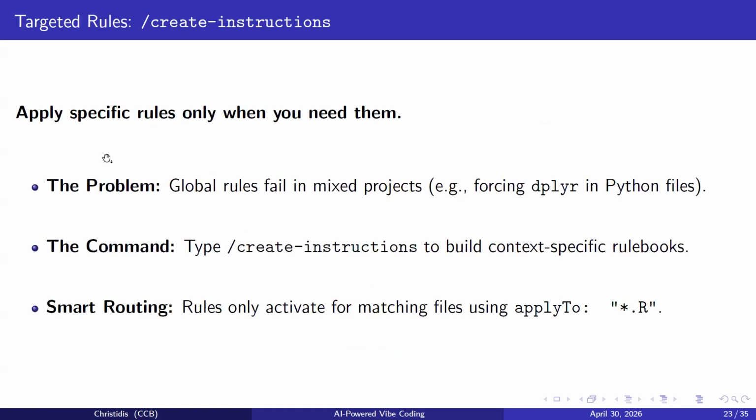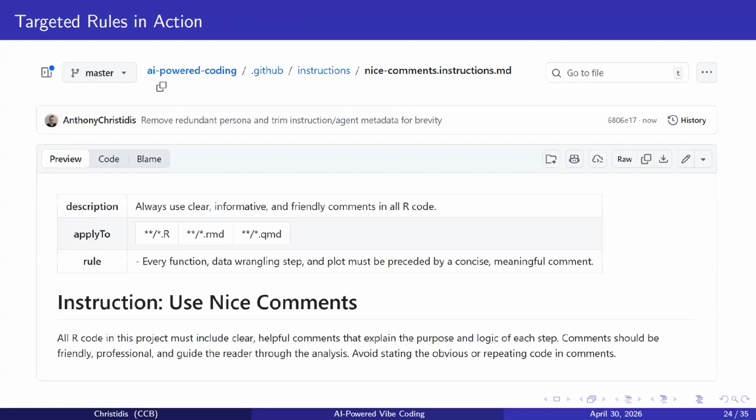And then you can also apply specific rules that only apply to certain prompts. So for example, if you want certain rules to only apply when you're modifying R scripts, you can create these instruction files. Just to give an example here, and again, that's on the GitHub repo that I shared earlier. Inside the .github folder again, I have a subfolder called instructions, and then I have a markdown file called nice comments instructions.